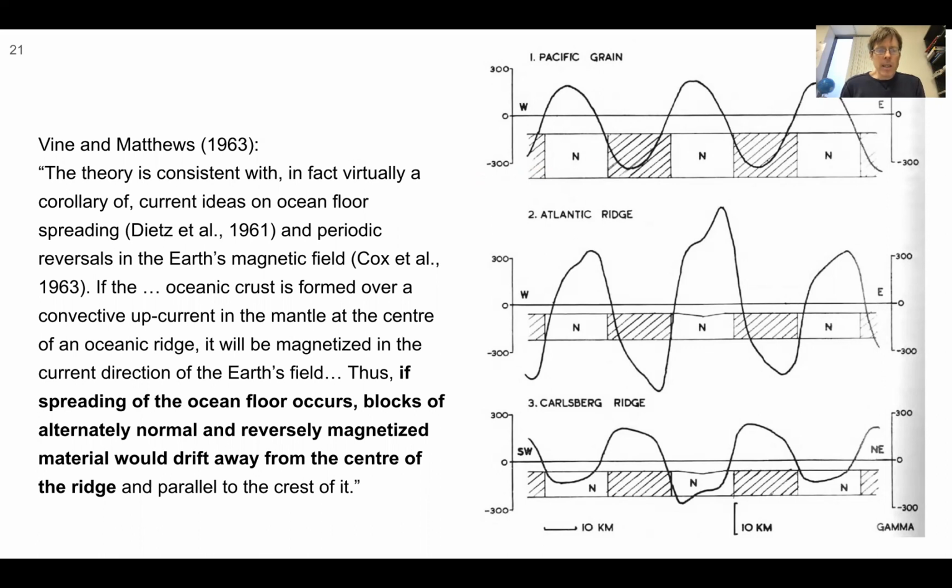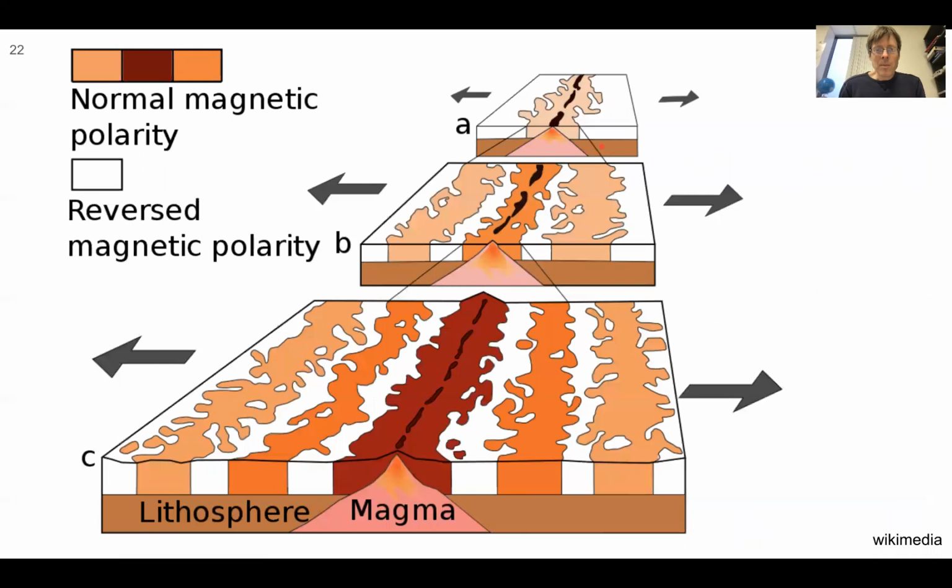Thus, if spreading of the ocean floor occurs, blocks of alternately normal and reversely magnetized material would drift away from the center of the ridge and parallel to the crest of it. And there is one of the biggest discoveries made in plate tectonics. And part of the reason this paper is so famous is because they were correct.